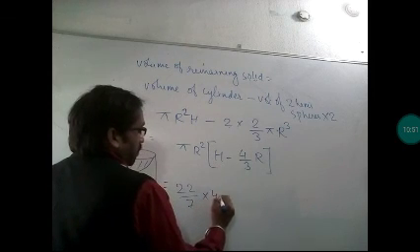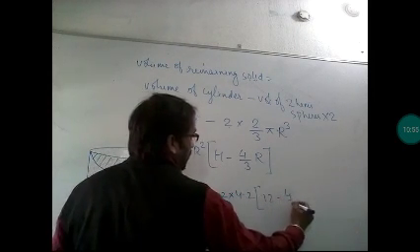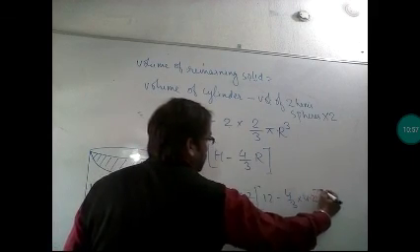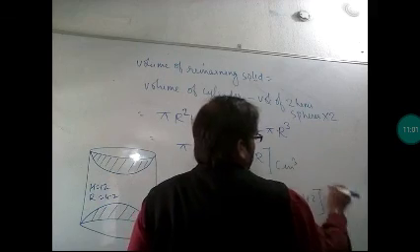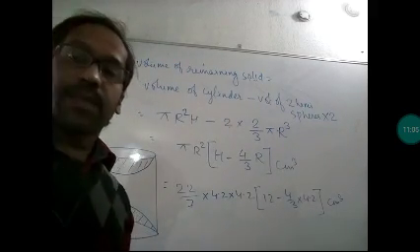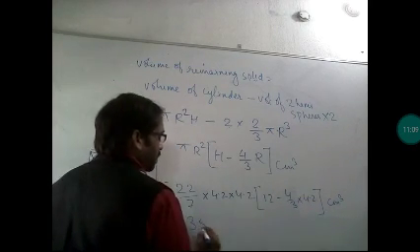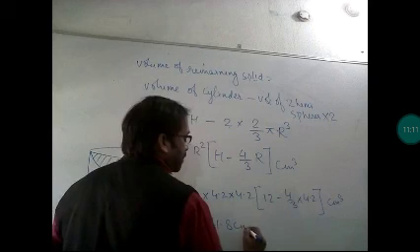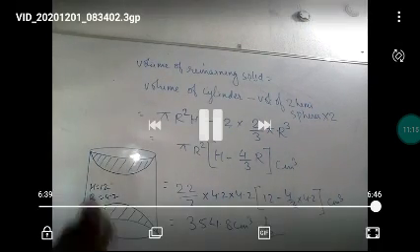Radius is 4.2 only, 2 times. Height is given 12 minus 4 by 3 into 4.2. So when this all will be calculated, this unit you have to write. So I just write that it is equal to 354.8 centimeter cube.